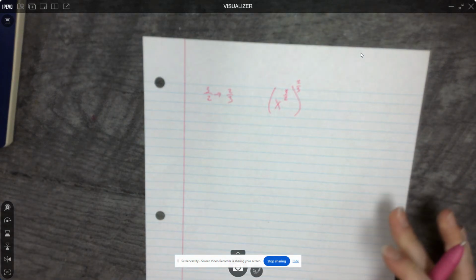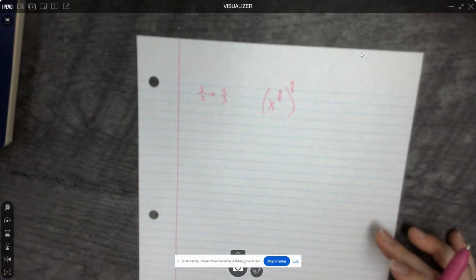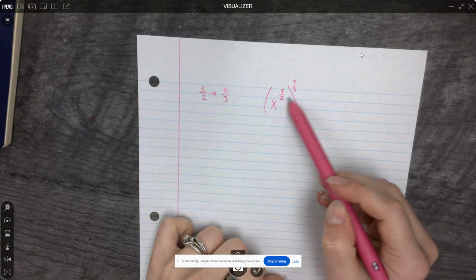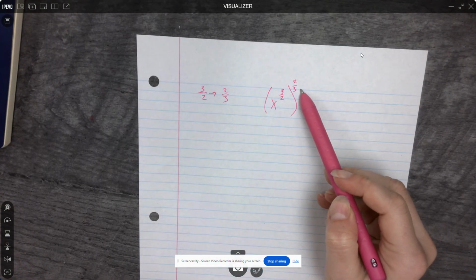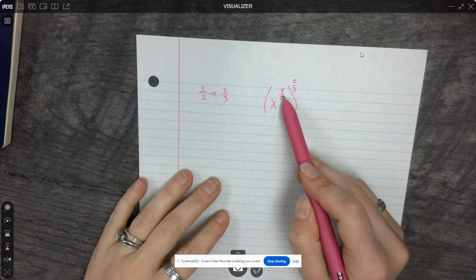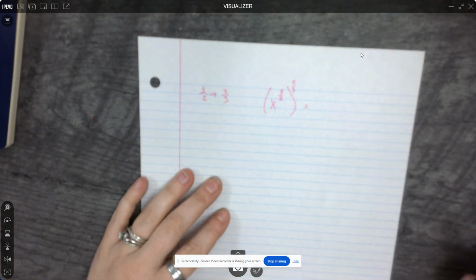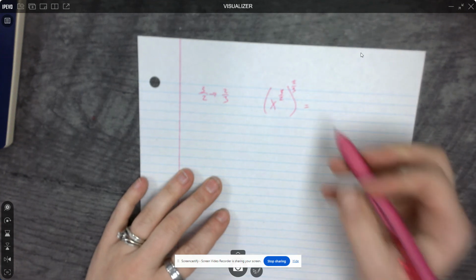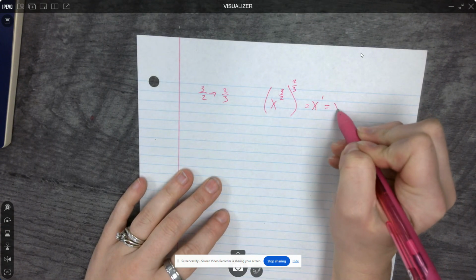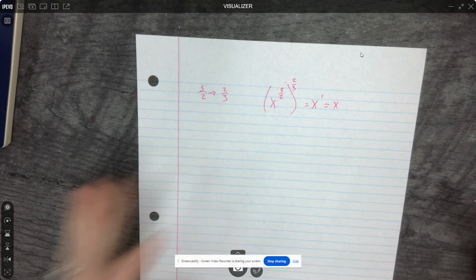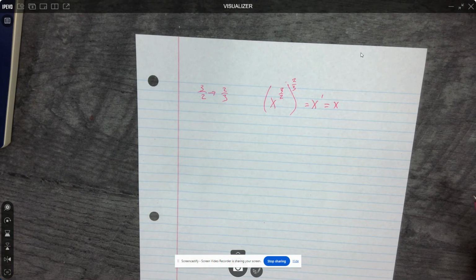We have rules of exponents that tell us because I have two exponents, I'm going to multiply. 3/2 times 2/3 is 1. So that gives me x to the first, which of course is just x. So a fraction and its reciprocal being multiplied cancel each other out. That's why those are inverse operations.